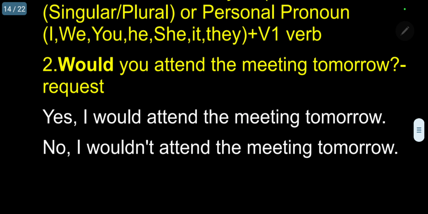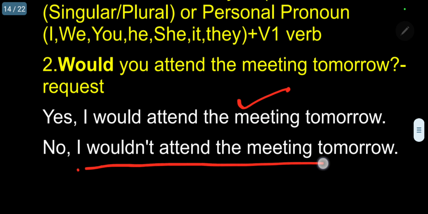Would you attend? கலந்து கொள்வாயா? Would you attend the meeting tomorrow? It is a request. So the two possibilities, may or may not. Yes, I would attend the meeting tomorrow. If it is yes. No, I won't attend the meeting tomorrow. Two possibilities. Kindly follow. So this is for a request, I am applying would.